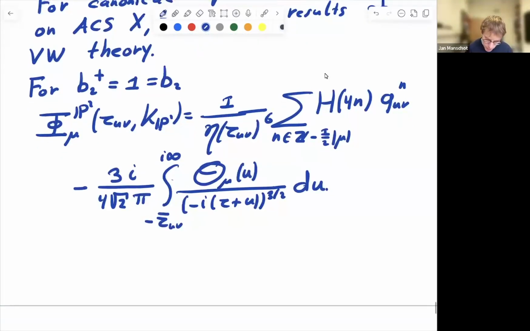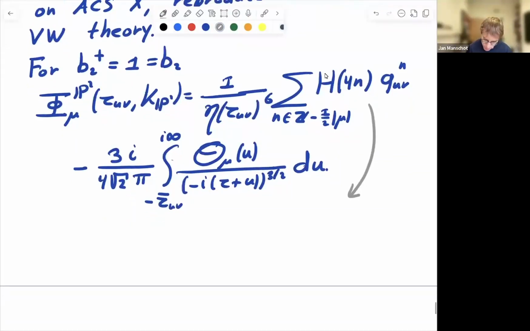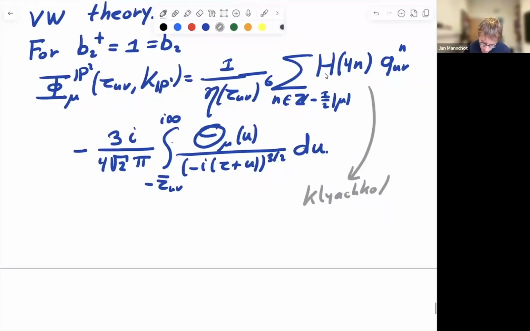Okay, and these numbers were derived by Klyachko and Yoshioka, and then also developed by Vafa-Witten to verify the S-duality conjecture for N=4 Yang-Mills.